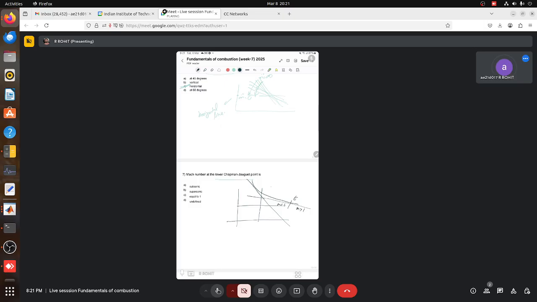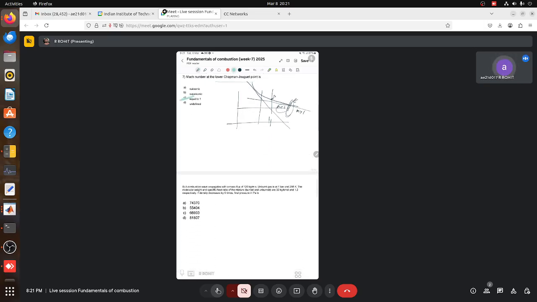So your E point, that is your lower Chapman-Jouguet point, will have a Mach number that is the divide between the subsonic and supersonic. So it will have a value equal to 1.